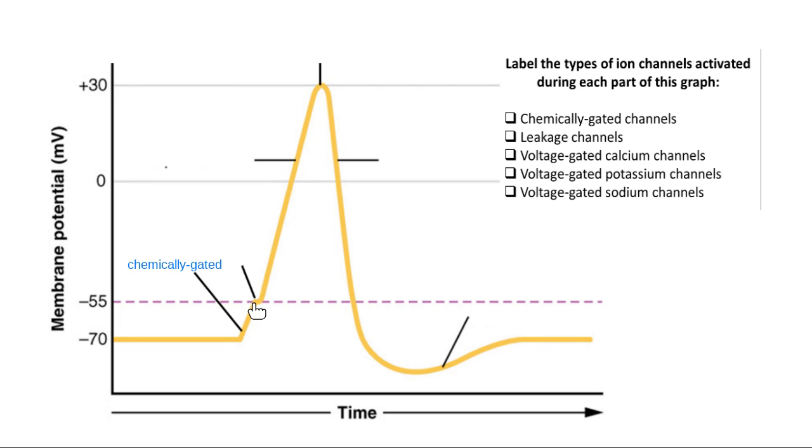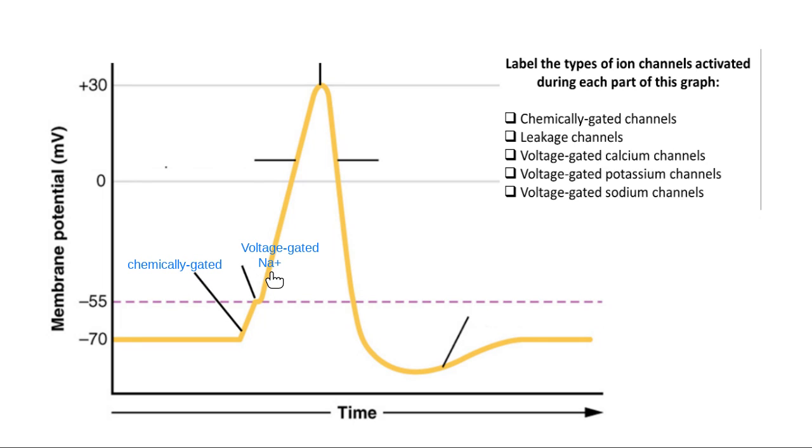When I hit threshold, my charge is different enough that now I start to mess up my voltage gated channels. My charge is wrong. Which particular kind of voltage gated channels open at threshold? Yeah, here at threshold is when my voltage gated sodium channels open up. Sodium, Na+.